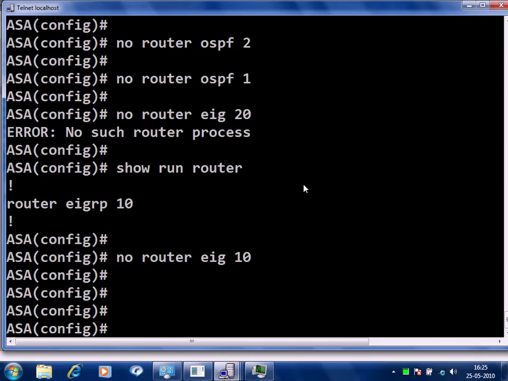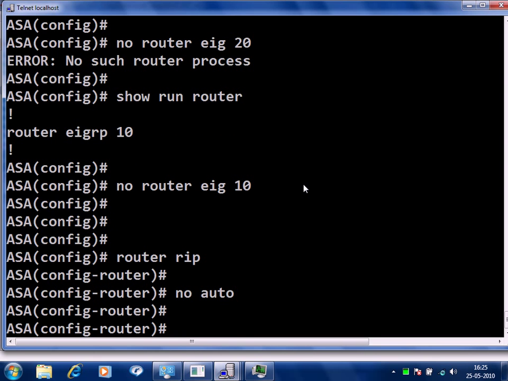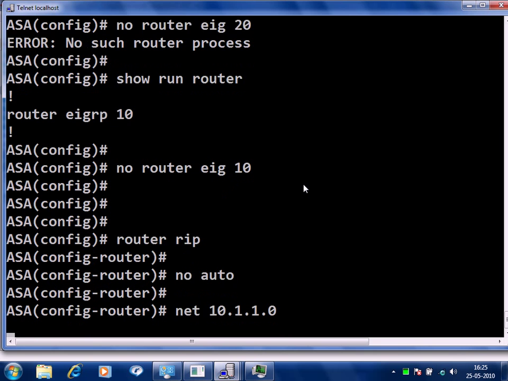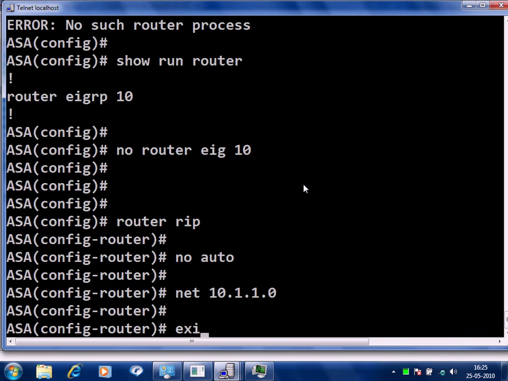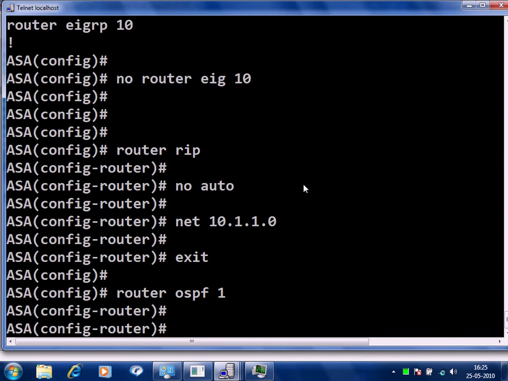We will make loopbacks on R5, R6, R7. So router RIP, no auto summary, network 10.1.1.0. So I have enabled the RIP process. Okay. Now let's configure OSPF.